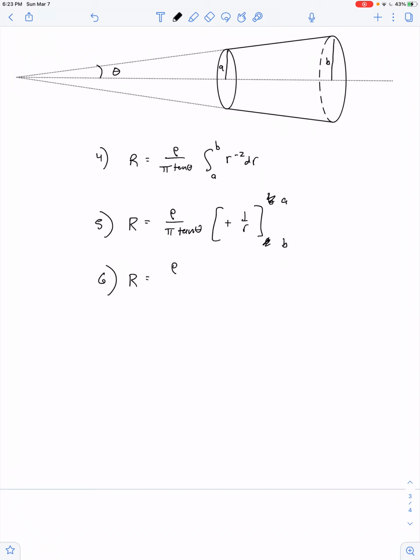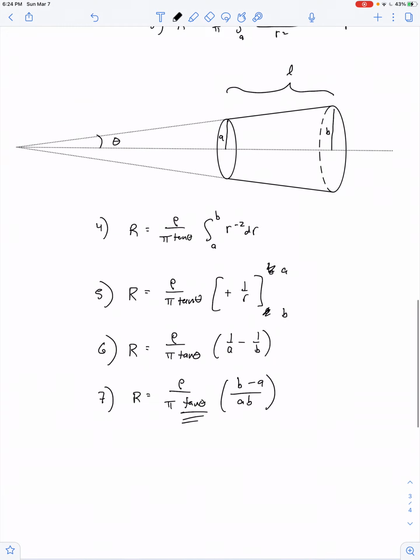So the resistance is rho divided by pi tangent theta times 1 over a minus 1 over b, where R is equal to rho over pi tangent theta times b minus a divided by ab.